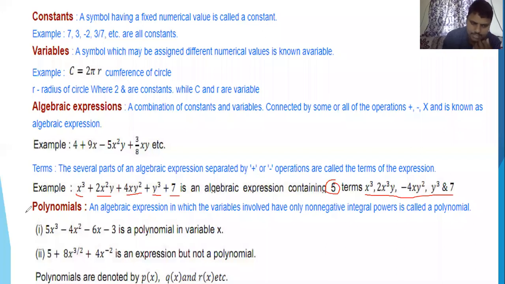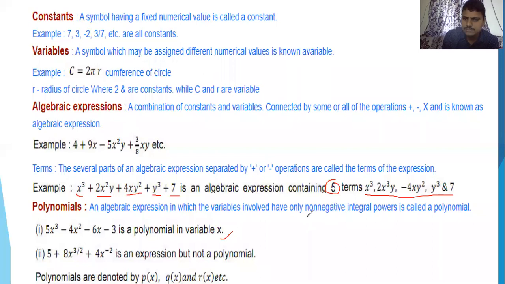Aprajita, start polynomials. An algebraic expression in which the variables involved have only non-negative integral powers is called a polynomial. Yes, thank you. Now, 5x cube minus 4x square minus 6x minus 3 is a polynomial with variable x.